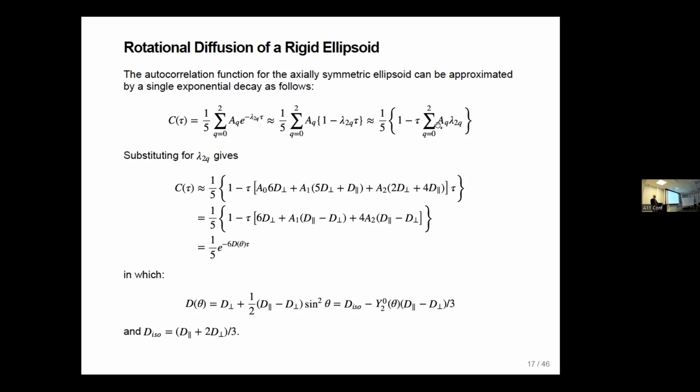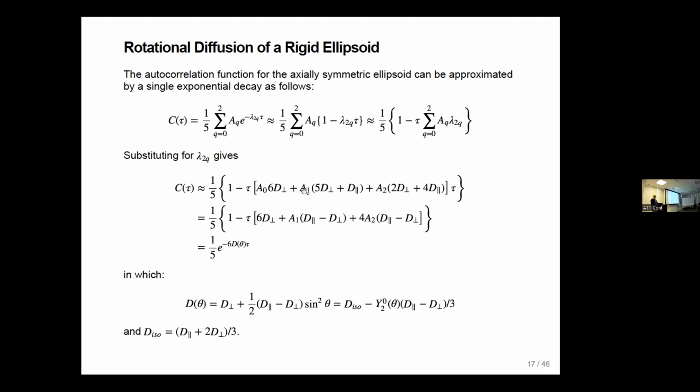If I plug everything in, well, first of all, after I do the summation, because the A's add up to unity, this looks like the first order exponential of an average decay. A tau got lost somewhere. There should be a tau here.